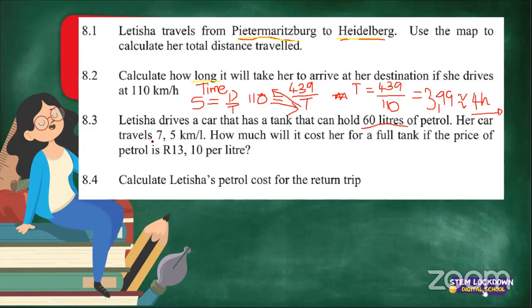So for every 7.5 kilometers traveled, the car consumes 1 liter. That is what per liter means. Now they say, how much will it cost her for a full tank if the price of petrol is 13.10 per liter, 13 rands 10 cents per liter?